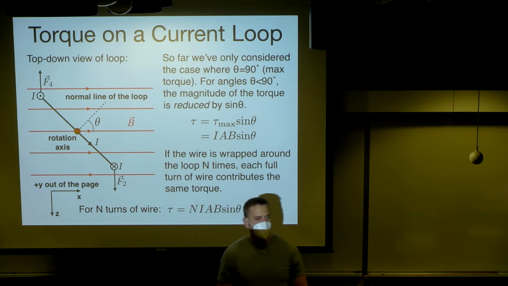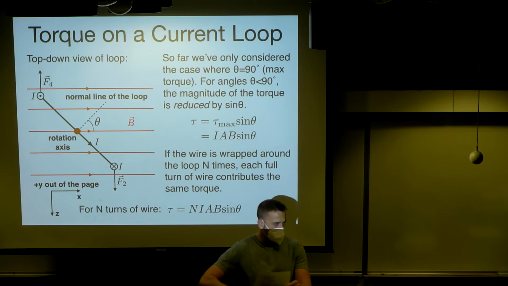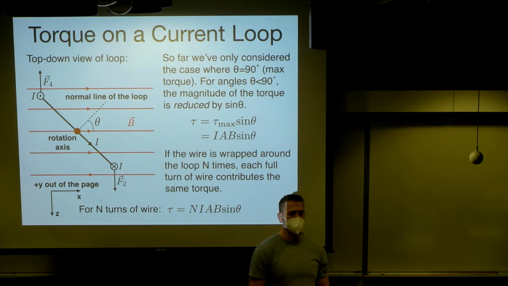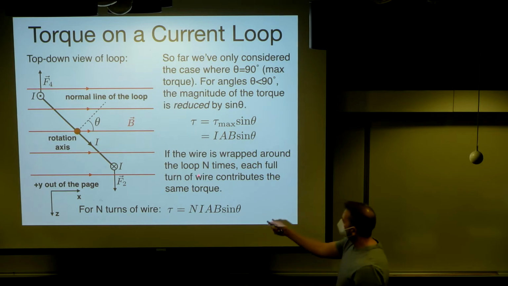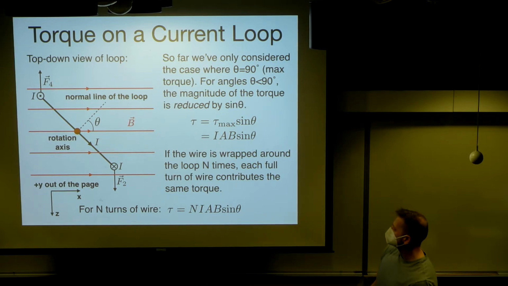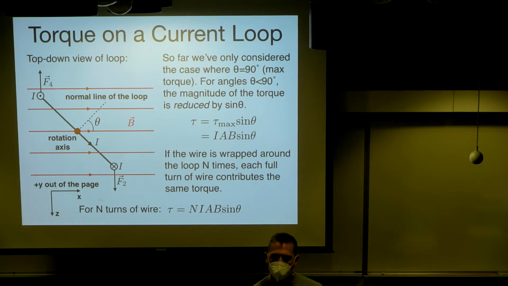So if I wrap it around twice, I get double the torque. If I wrap it around 5 times, I get 5 times the torque. So if there are n turns of wire in our loop, we multiply that torque by n. This is really important because in an electric motor, I'm going to have many, many wrappings of wire, not just one, because we want to amplify that torque.